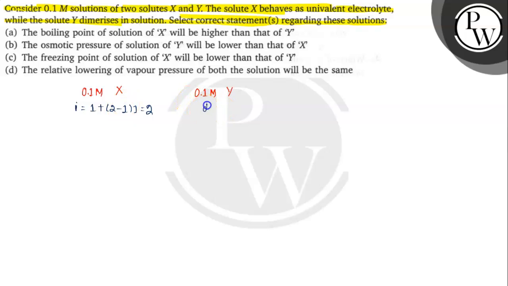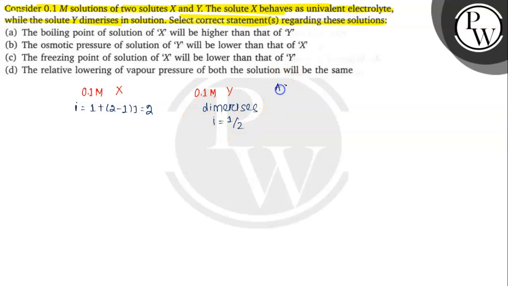And Y dimerises, that means association. So in case of association the Van't Hoff factor is 1 by 2, because the number of associated molecules is 2.